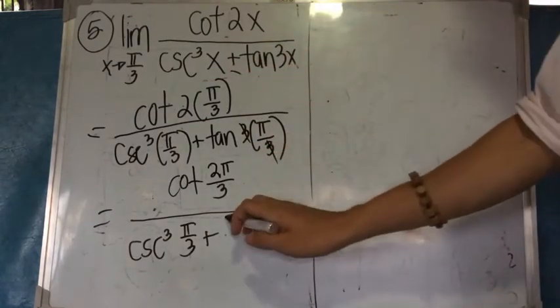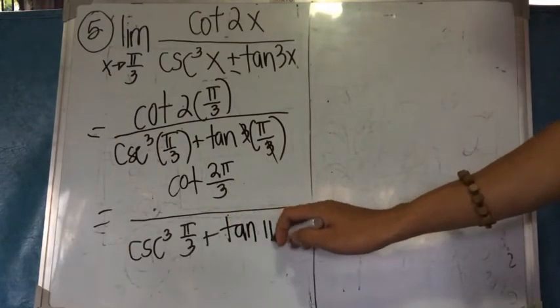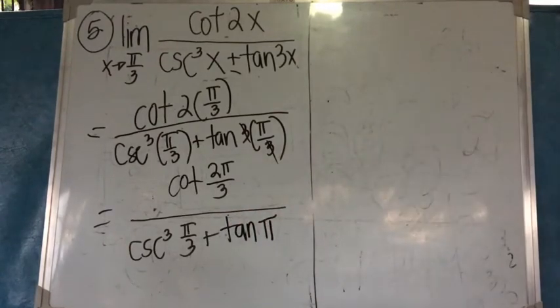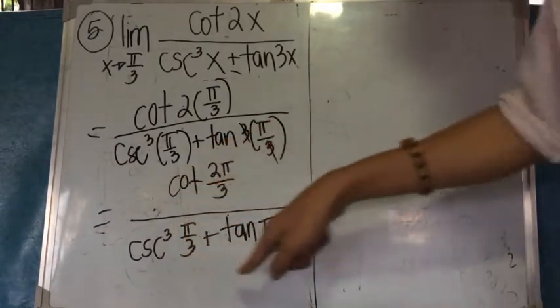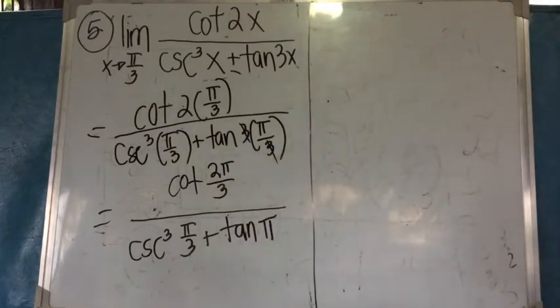So 1 times pi is now tan pi. Okay, so we already simplified everything. Actually this is now the limit, but we want to see a crystal clear picture of the exact value of this trigonometric function.